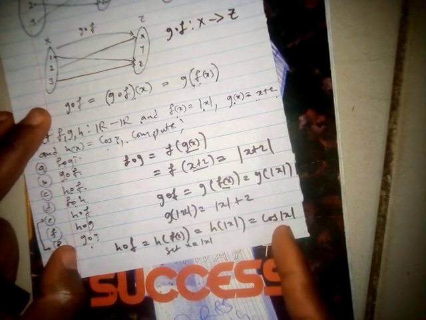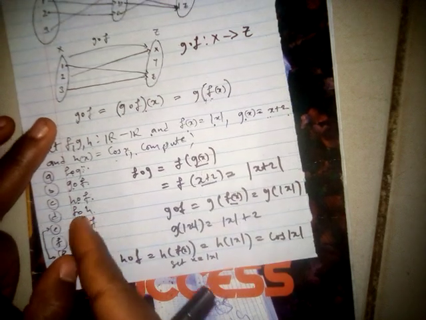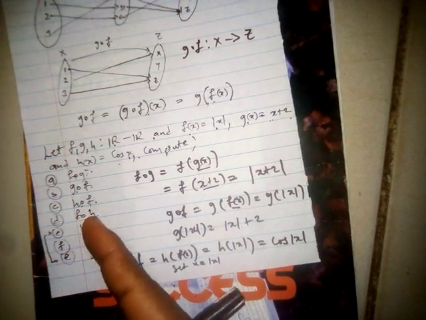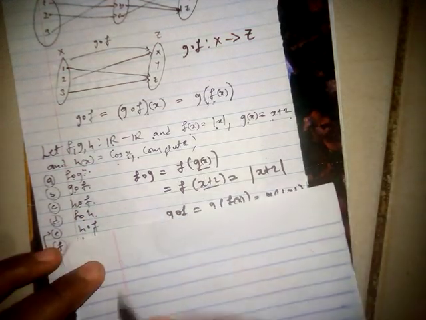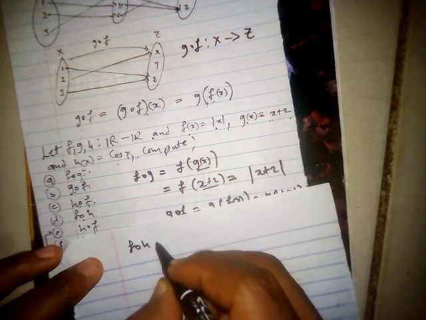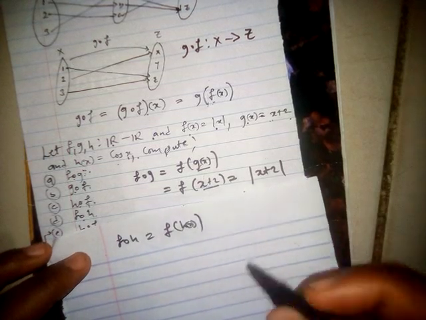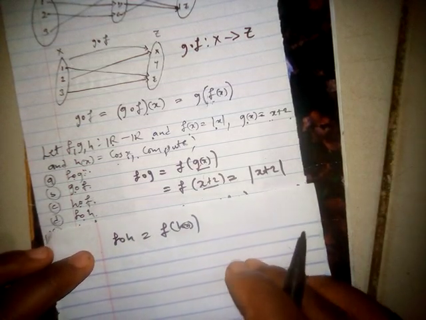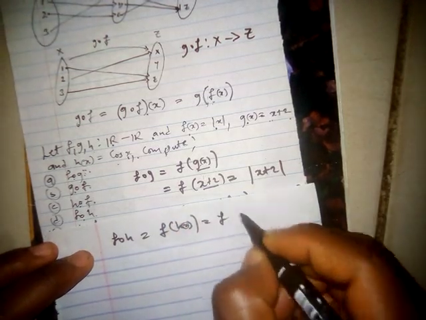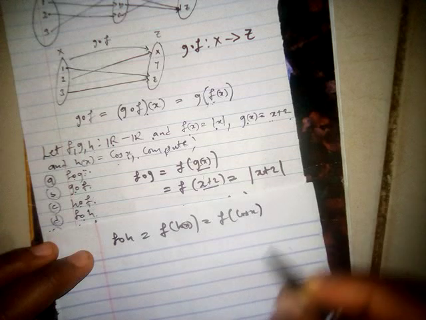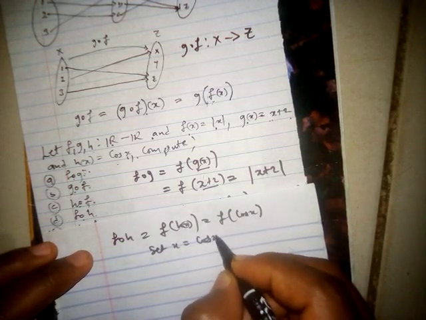Okay, so that is for my h of f. And the last one is f of h. To solve for my f of h, this is something like saying f of h of x. Now the question is, what is my h of x? My h of x is cos x. So this is f of cos x. So it's set x equal to cos x.